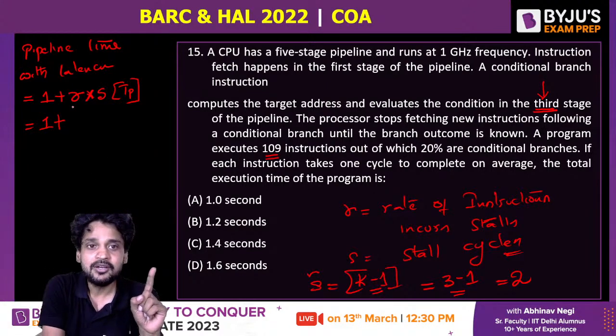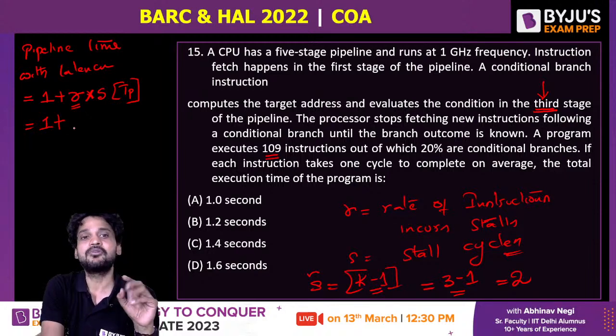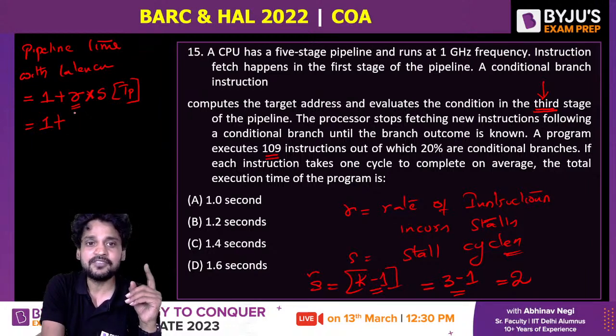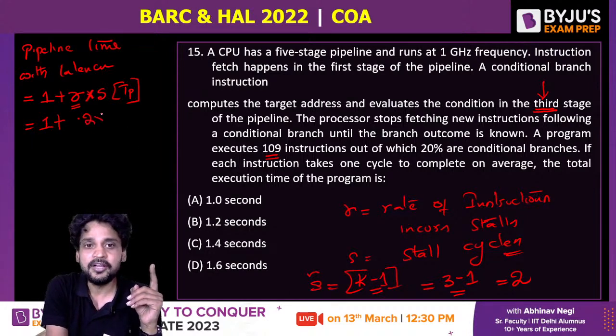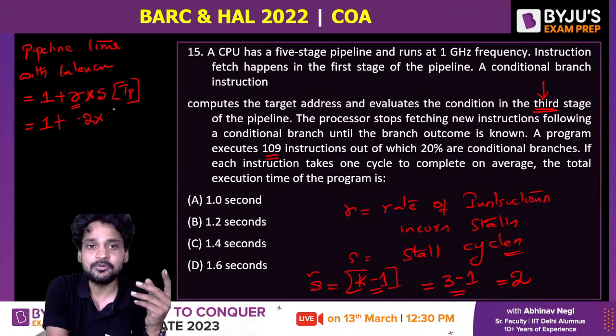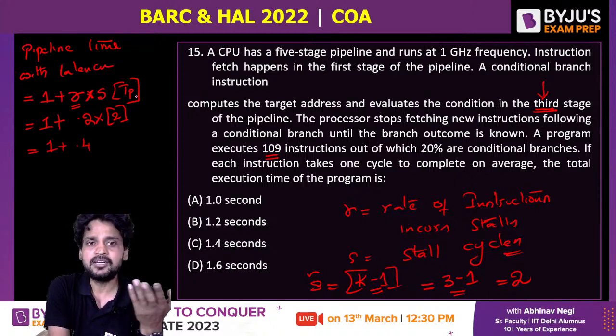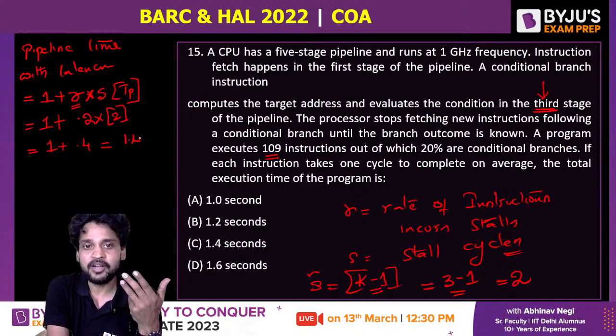So 1 plus the rate of instructions that are going to take additional clock cycles, which is 0.2, into S, the stall cycles, which is equal to 2. Now it will be equal to 1 plus 2 into 0.2, which is 1.4. TP is anyhow a nanosecond, it is negligible. TP is 1 because it is a 1 gigahertz processor. It is 1.4 nanoseconds for one instruction.